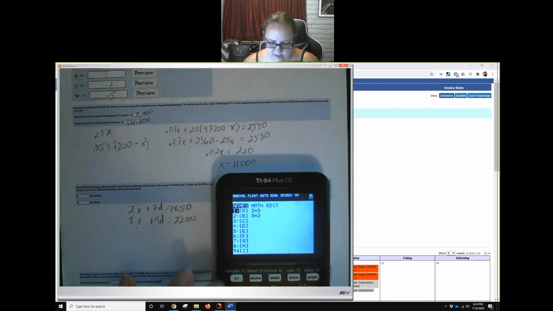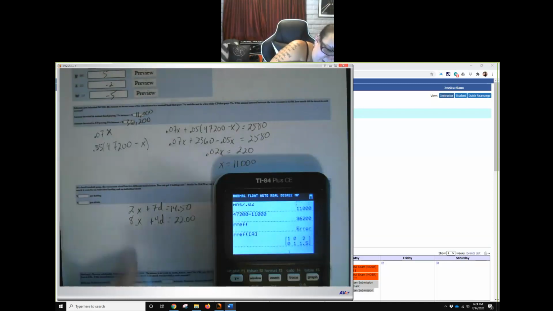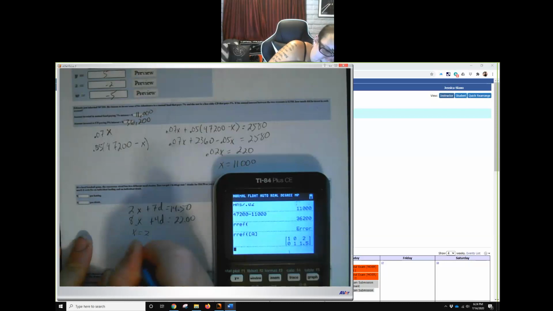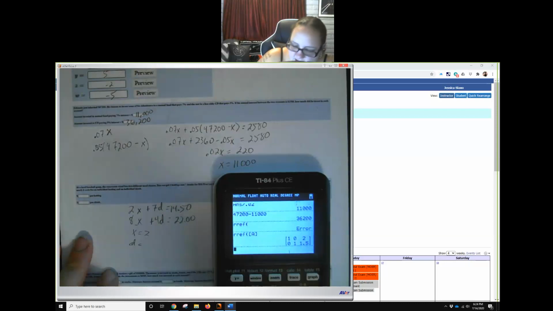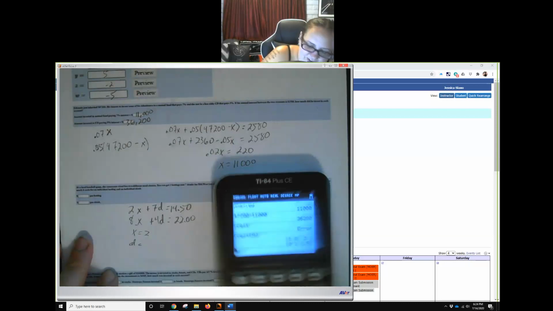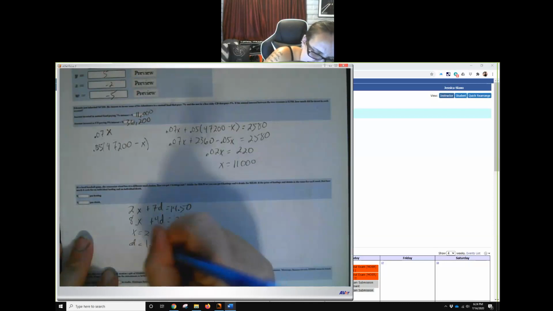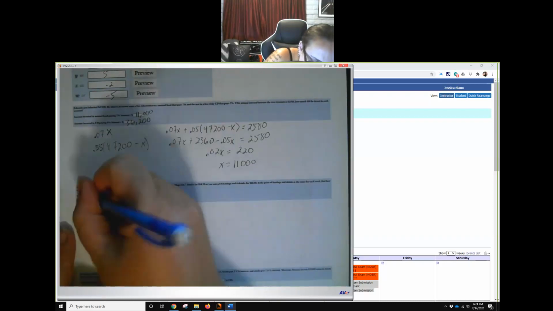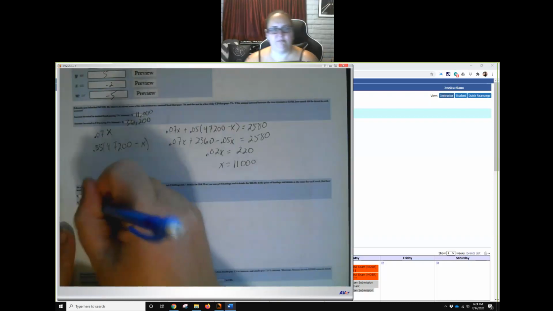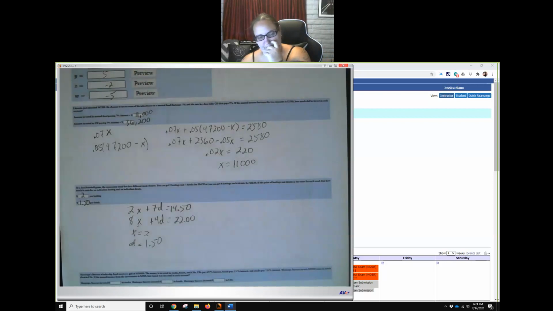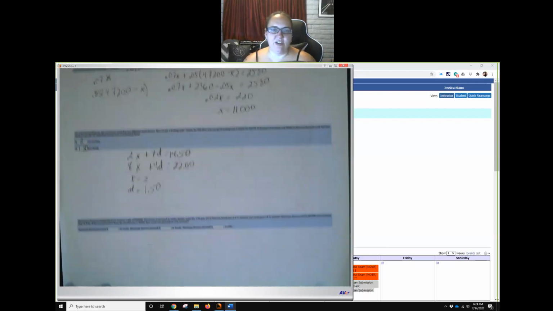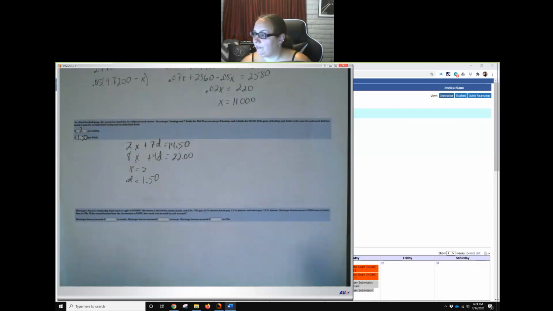So that means that X was $2 and D, because it was a drink, was $1.50. So the hot dogs were $2 and the drinks were $1.50. Because if the calculator can do that for me, then I'm going to make the calculator do it.